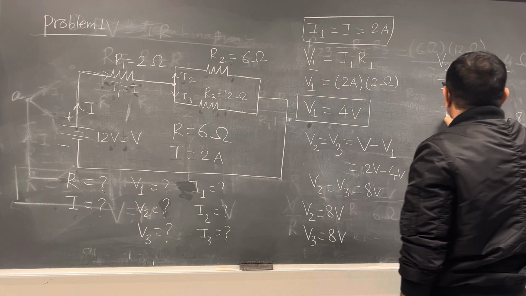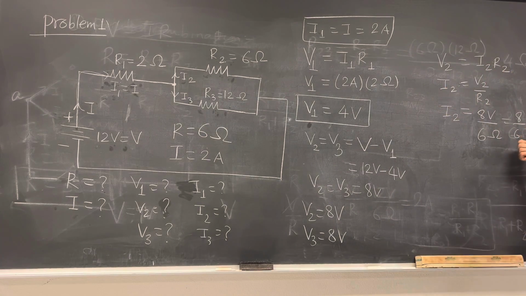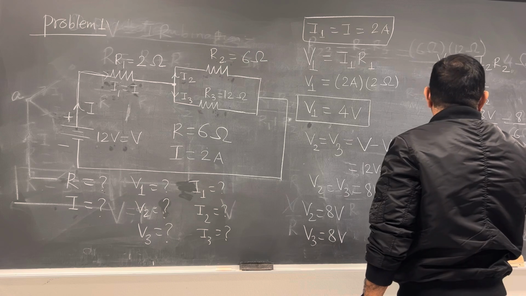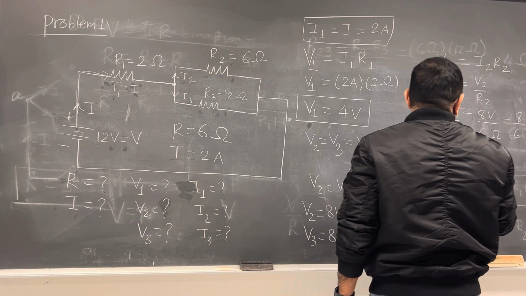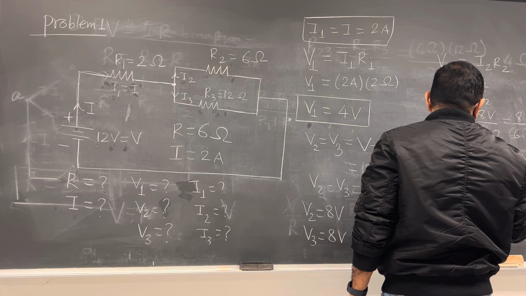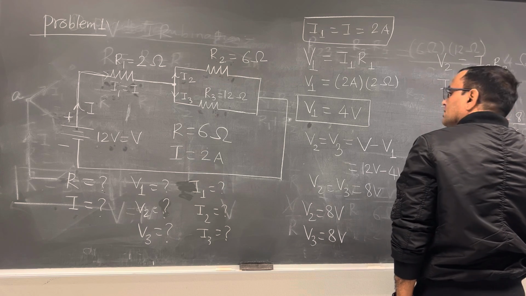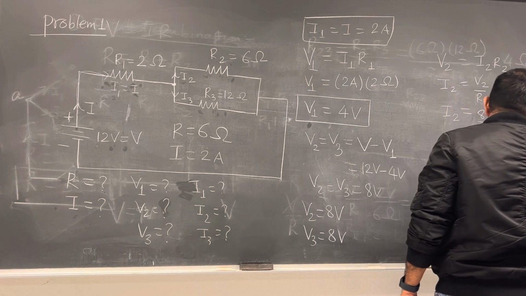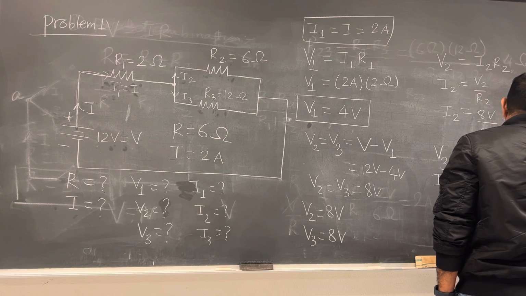Please use your calculator and you can write it in decimal. Similarly, you can do V3 equals I3 R3. So I3 is V3 divided by R3. V3 is again 8 volt and R3 is 12 ohm, and you get 2 divided by 3 ampere.